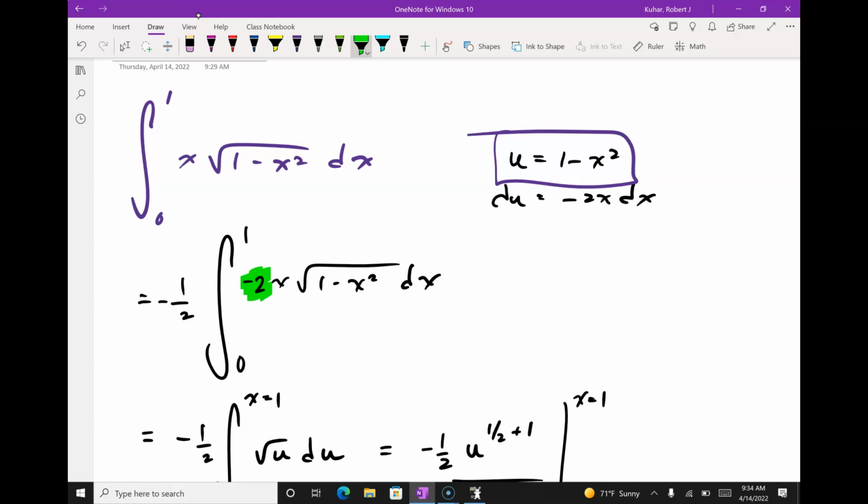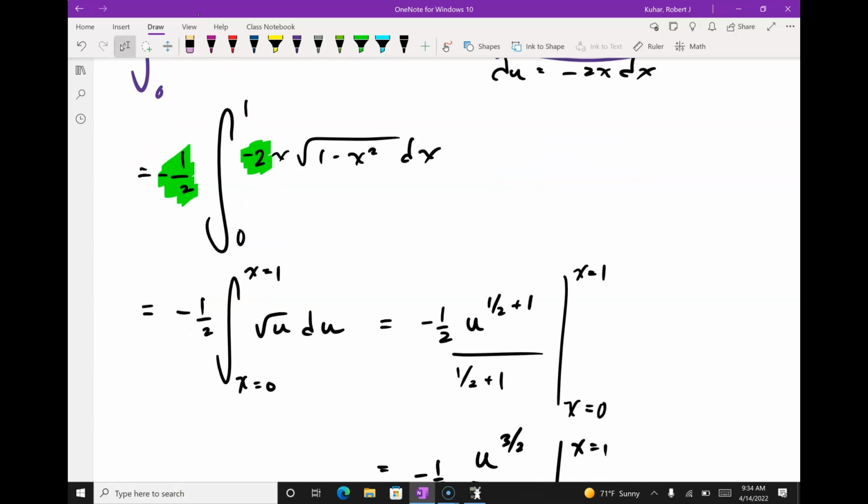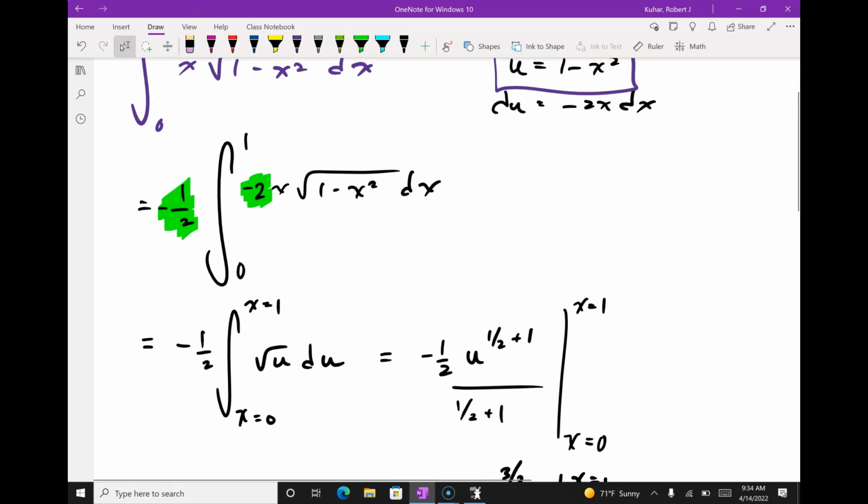So now I have negative 2x dx. But I have to cancel it by multiplying by negative 1/2. So the negative 2x dx becomes my du, and everything left is square root of u. But I keep this negative 1/2 outside.